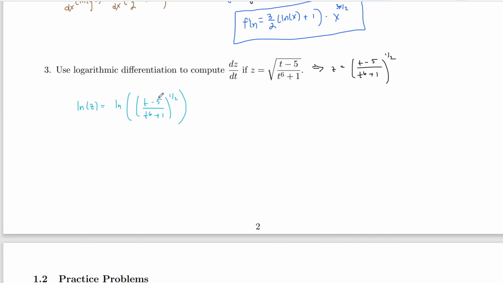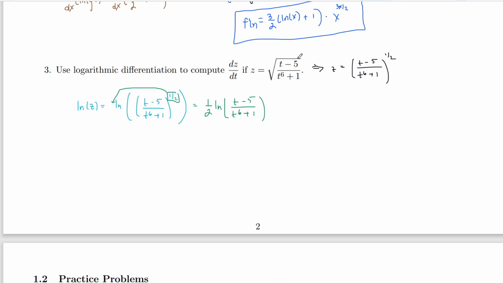Well, because it's all raised to the same power. Now, if you had a fraction, but the numerator was raised to a different power from the denominator, you would break up the division first. But this is all raised to the same power, so we can bring the 1/2 out front. And we get 1/2 times the natural log, and then the inside is now just our fraction, t minus 5 over t to the 6th plus 1.